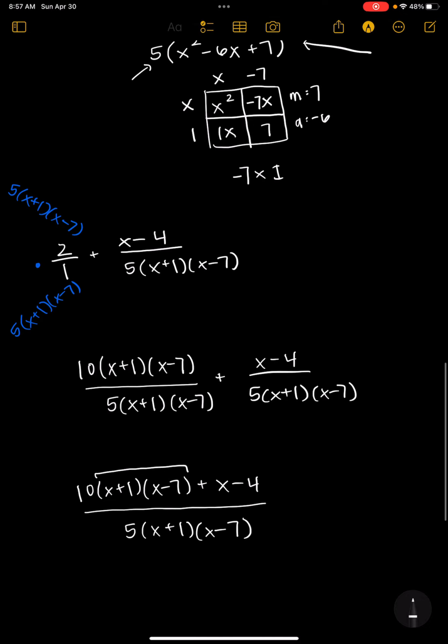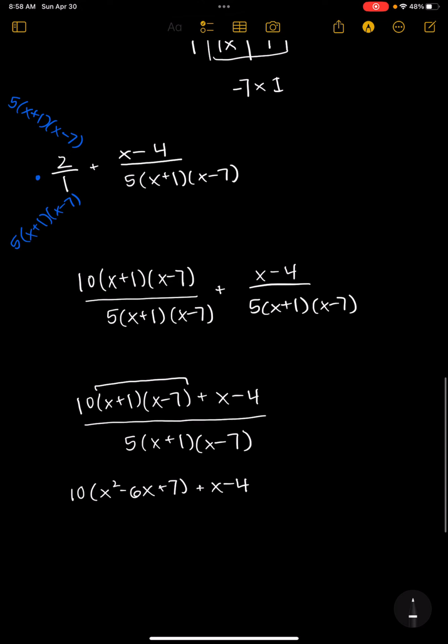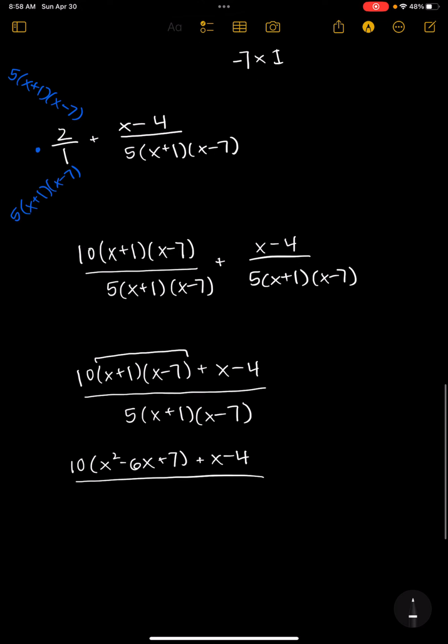So I can write this out as 10 times x squared minus 6x plus 7, plus x minus 4, over 5 times x plus 1, x minus 7.